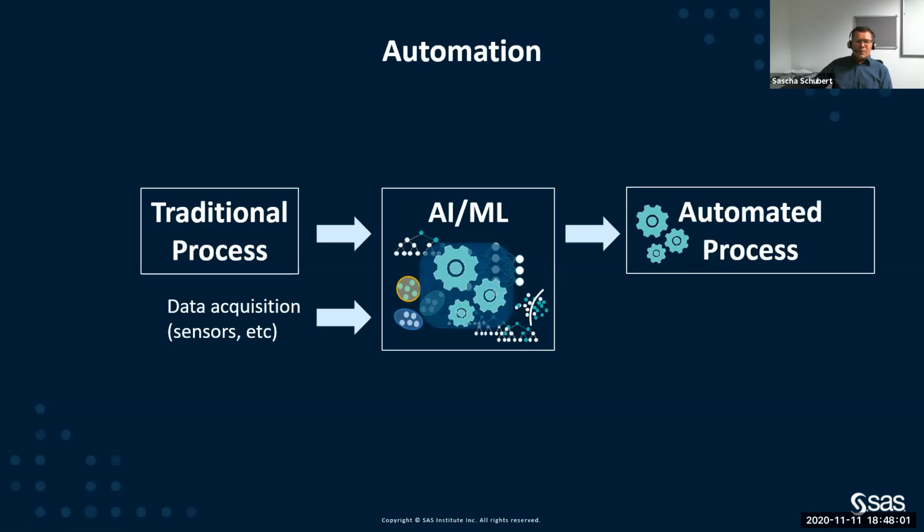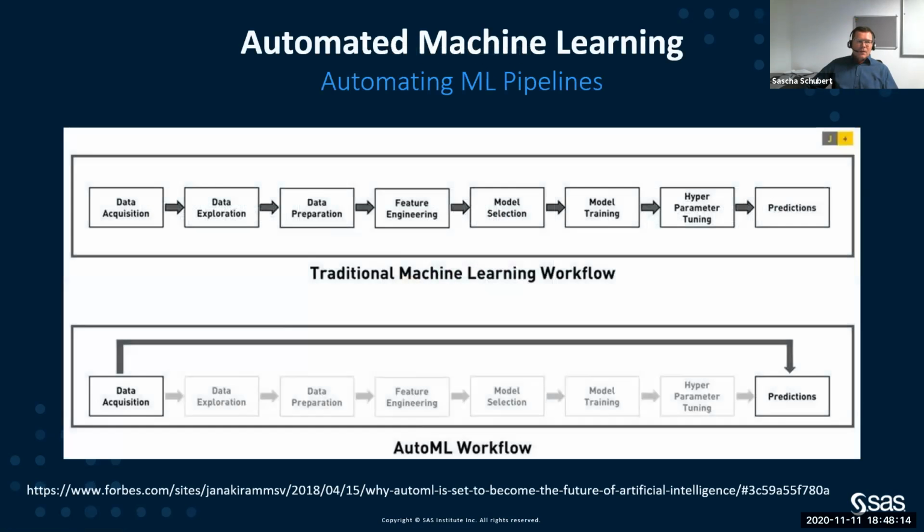But I really want to talk about the automation within that box here in the middle, where we create the model that then helps to drive and steer this automated process on the right-hand side. And that's basically called automating machine learning.